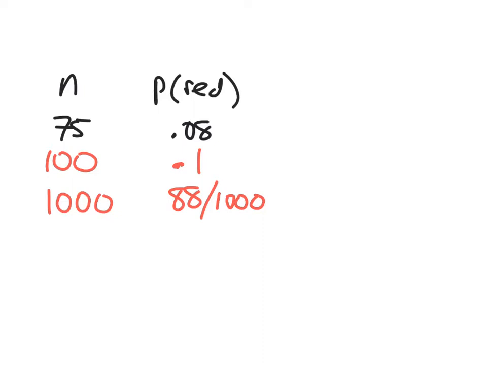Something in the neighborhood of 500 should be where it's at. 491. Let me see if it'll let me do 10,000. It's letting me do it.